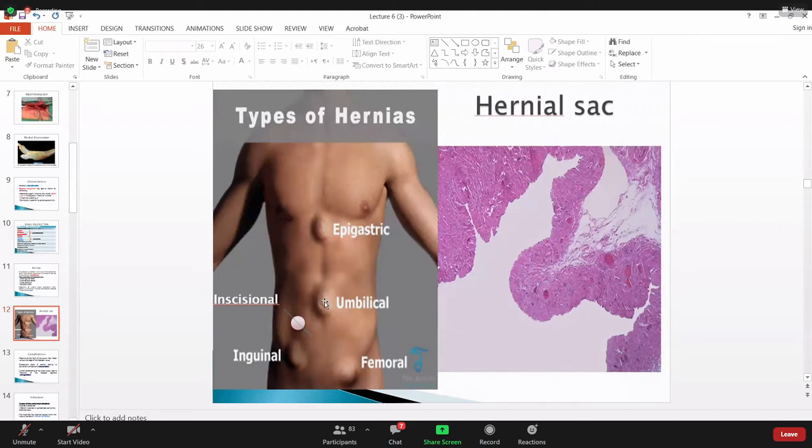Umbilical is from the umbilicus area; as we said, weakening happens in the wall of the abdomen, then a hernial sac protrudes, and inside the sac the small bowel most commonly enters.